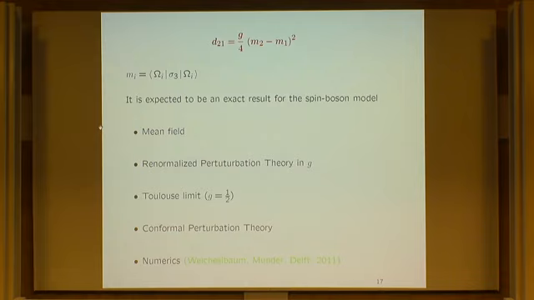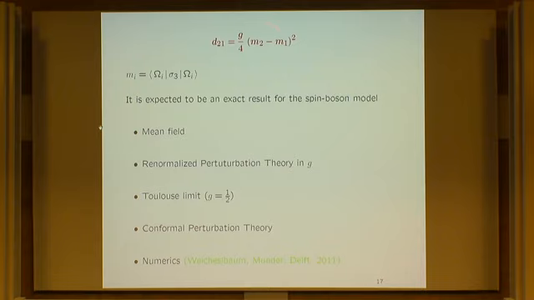This is, probably for the experts in condensed matter, a trivial fact, but for me, I still don't know how to prove it. It can be supported by the mean field analysis, and then the perturbation theory in J gives the same.